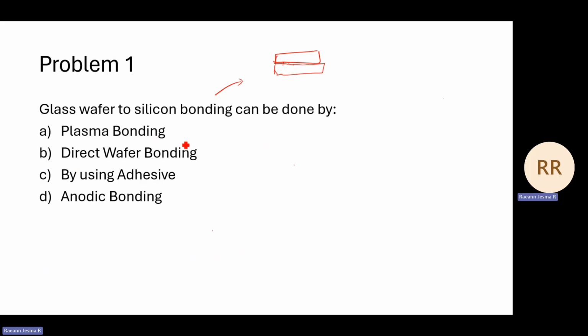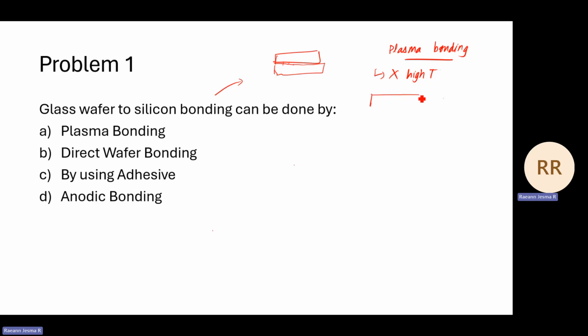Now let us see what each of these bonding types means. In plasma bonding, as the name suggests, we are using plasma for bonding. Where do we use this kind of bonding technique? We use this when we don't want high temperatures, and also where we have materials with different thermal expansion coefficients.